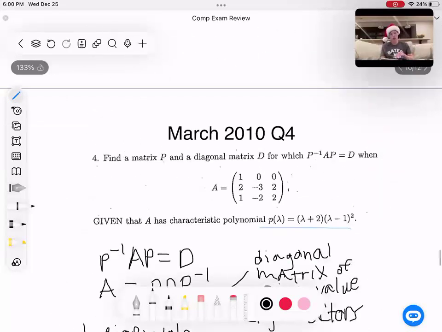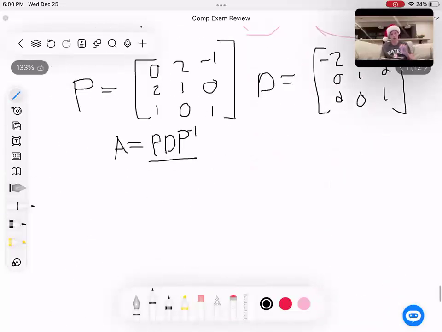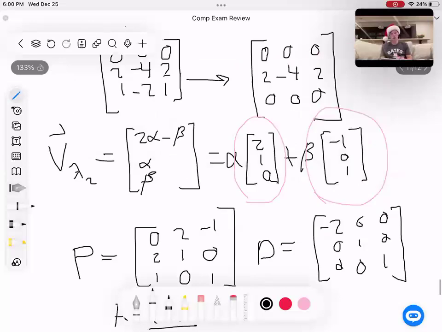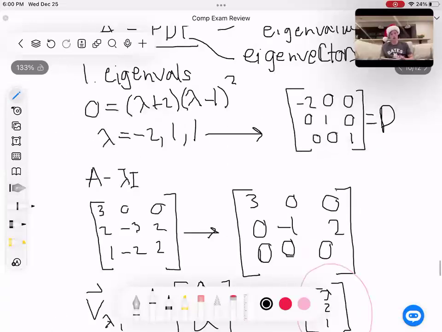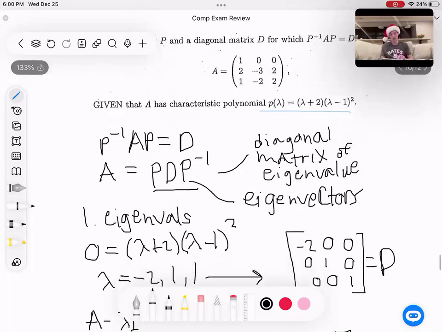So this question is very nice in the sense that we can check to make sure our work is right. But a problem like this, just to summarize, basically just consists of finding the eigenvalues, which if they didn't give us this characteristic polynomial would be a lot more complex. However, we don't have to do any weird factoring.